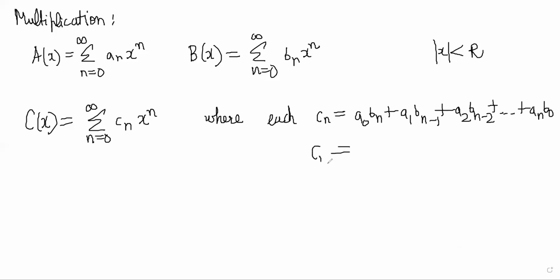It can be written succinctly like this: summation k is equal to 0 to n of a_k b_(n-k).